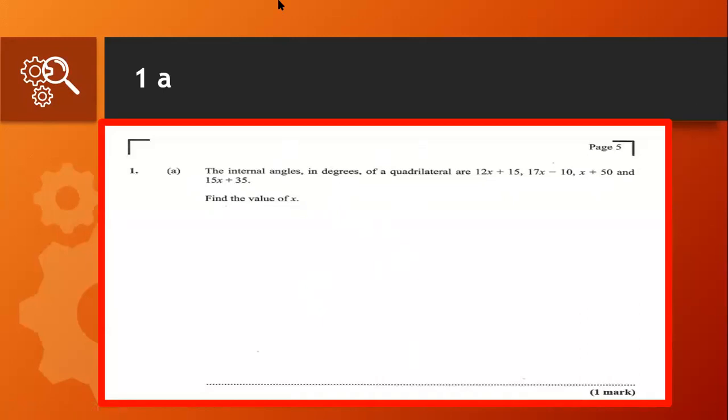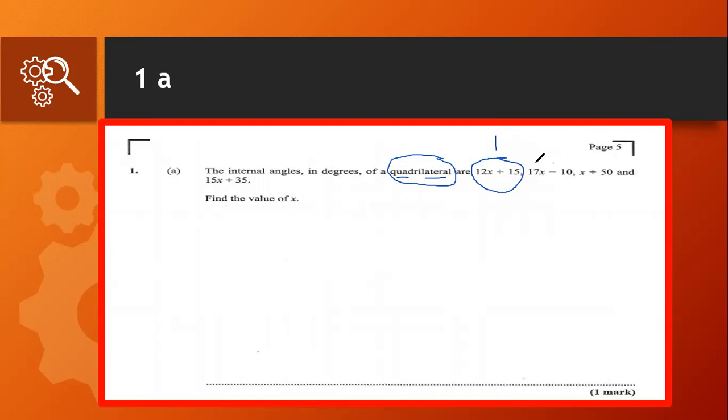Okay, so first things first, this word quadrilateral means a four-sided figure. Quad, this part here, means four, lateral means side. So it means a four-sided figure. All right, and the four-sided figure also has four angles. What are the angles? This is the first angle, 12x plus 15. That is angle number 1.